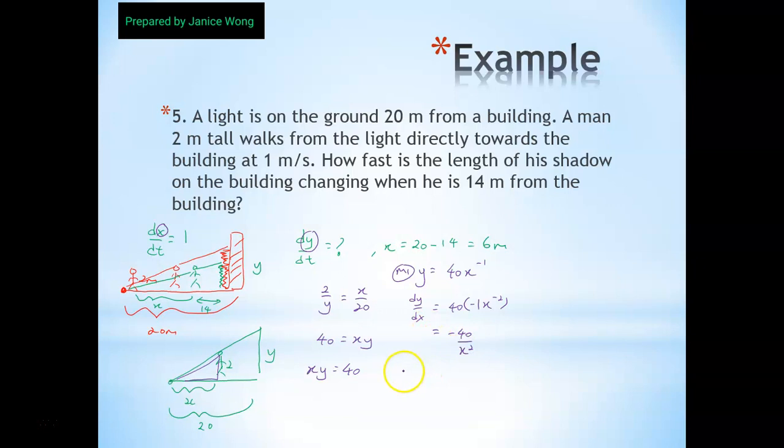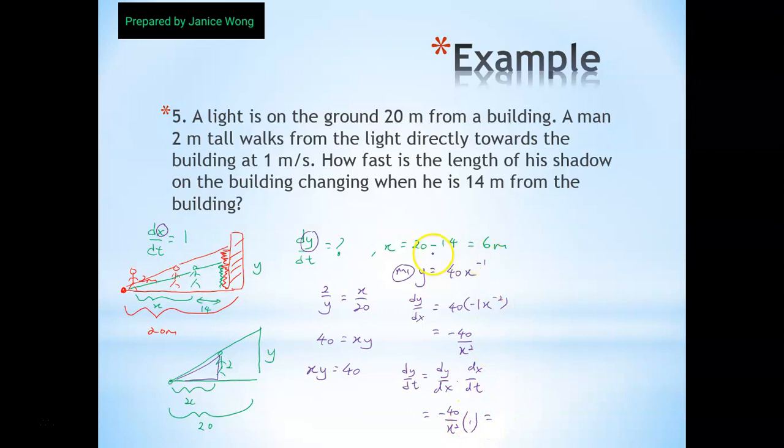After differentiation, what do we do? Apply chain rule to answer the question. Find dy over dt, which is equals to dy over dx times dx over dt. In between, we put dy over dx, which will be equals to negative 40 over x squared times dx over dt, it is 1.